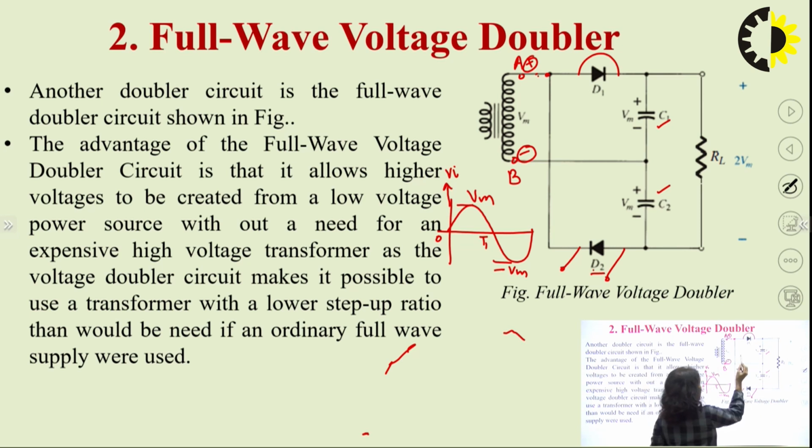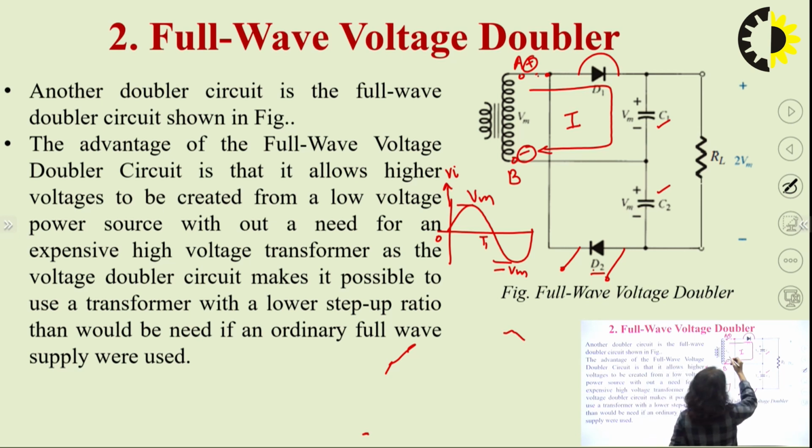Now your current will start flowing in this loop in the clockwise direction, from higher potential to lower potential. Because of the direction of this current, this plate will be at the higher potential and this plate will be at the lower potential.